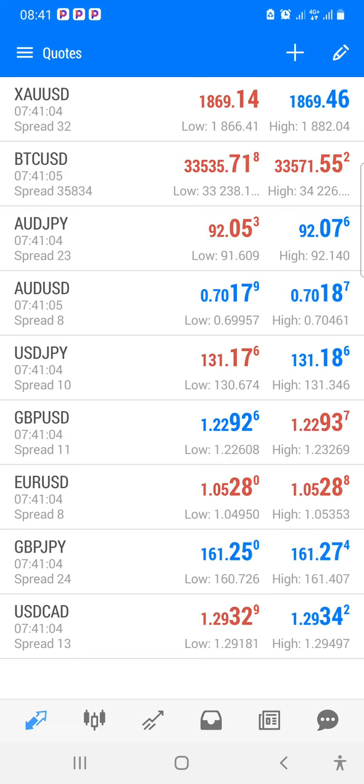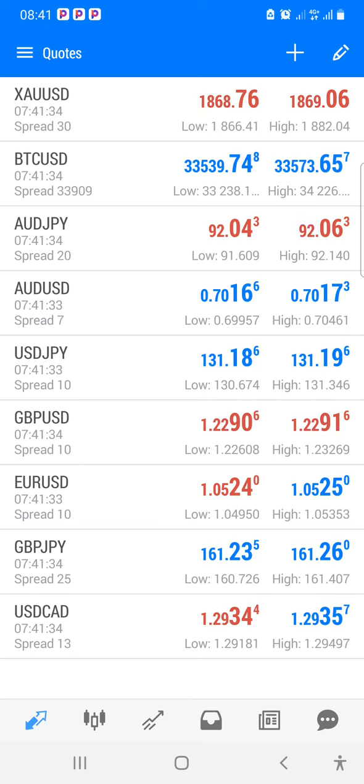For the base and quote currency, the base currency here is euros, while USD is the quote currency. For GBP USD, GBP is the base currency, USD is the quote currency.